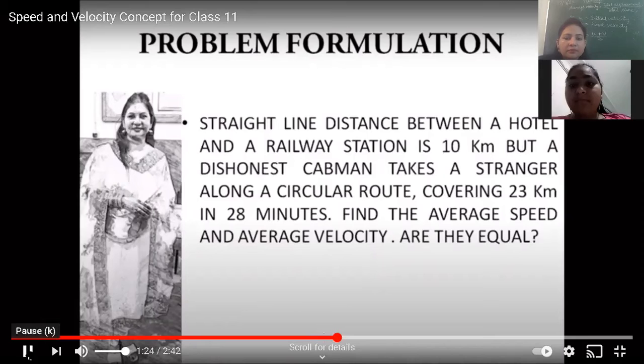Let us consider a numerical problem. Straight line distance between a hotel and a railway station is 10 kilometers, but a dishonest cabman takes a stranger along a circular route covering 23 kilometers in 28 minutes. Find the average speed and average velocity. Are they equal?